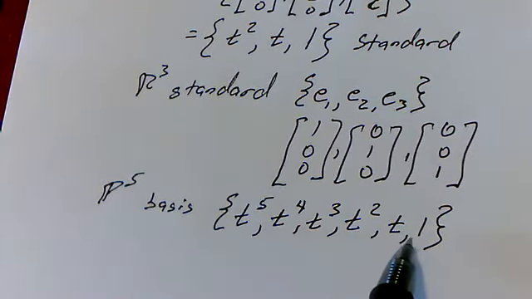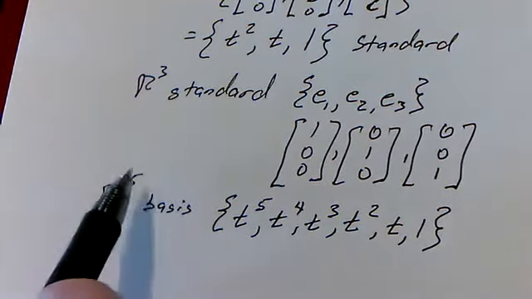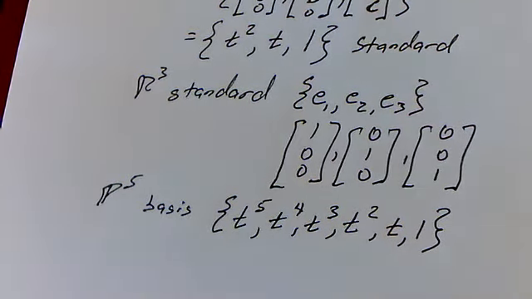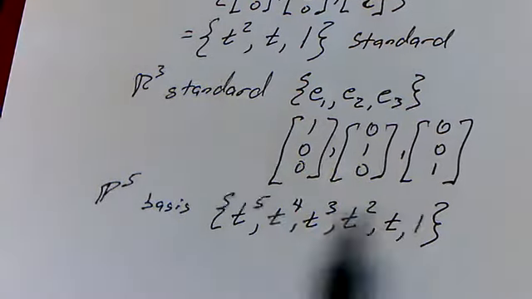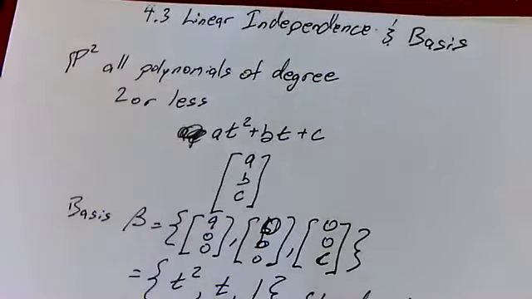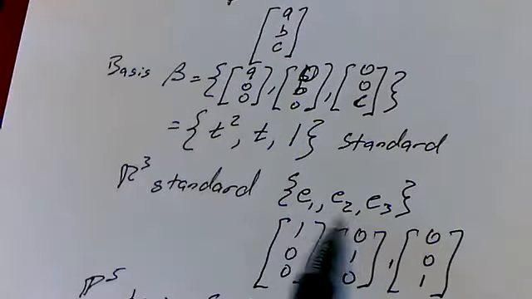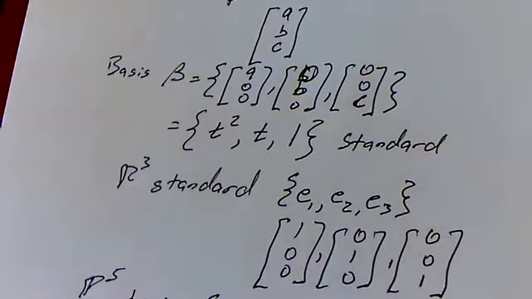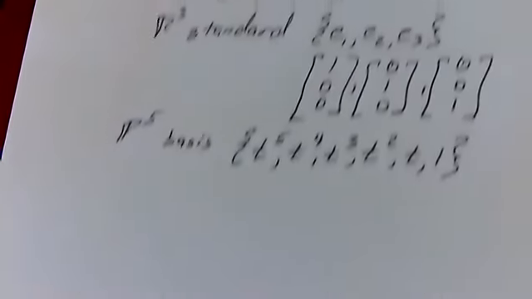Okay, so I have 6 vectors here that make up this basis. So P5 is 6-dimensional. Remember that the dimension is the number of vectors in a basis. So I have 6 here, P5 is 6-dimensional. Just like if I look back, P2 had 3 basis vectors, so it was analogous to R3, right? The ones down the diagonals, okay?